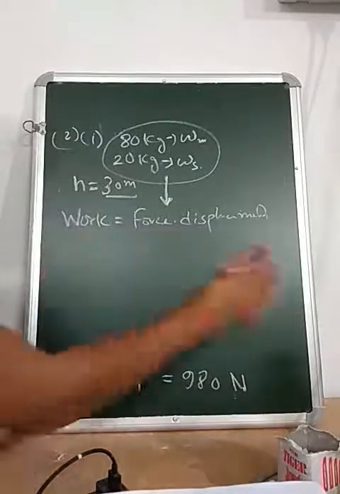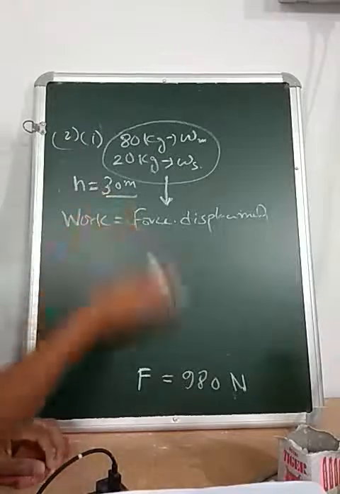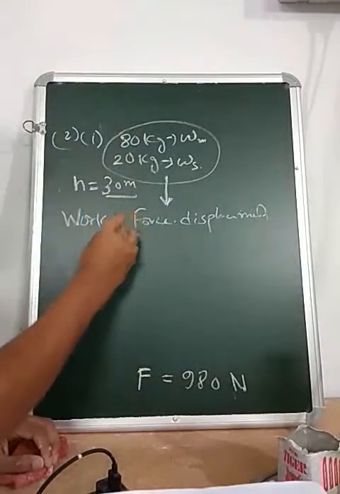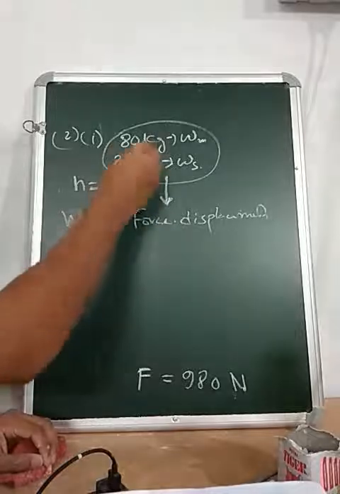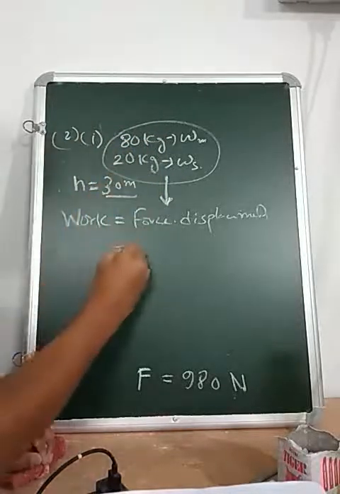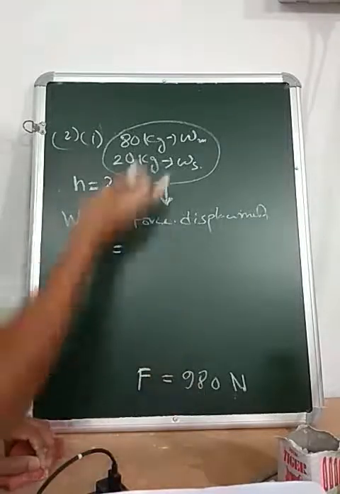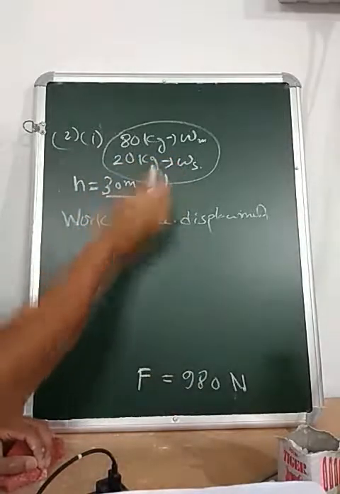Now we want to calculate the work done in lifting this 20 kg mass up to 30 meters. What will be the work done in lifting this whole system up 30 meters?